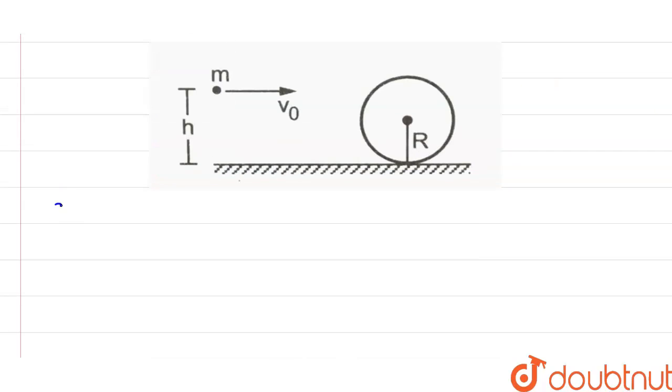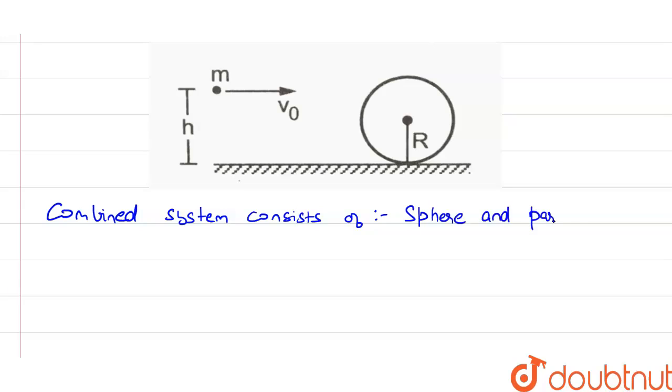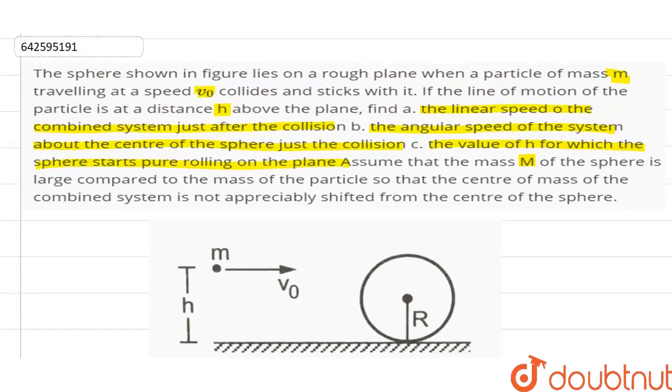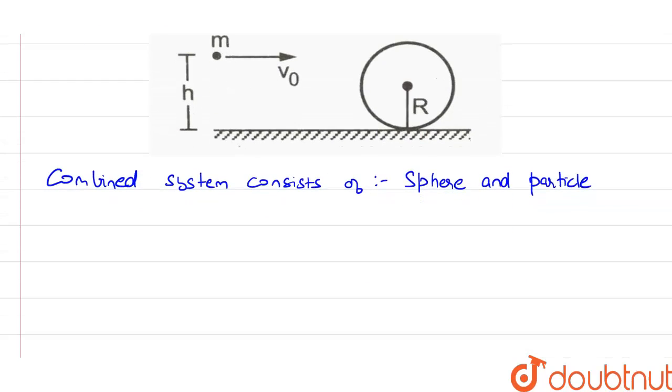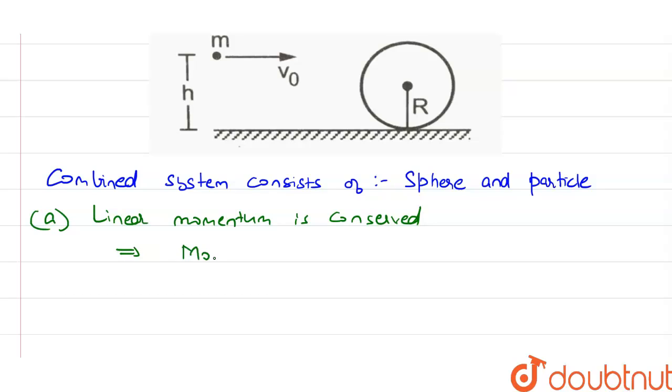So the combined system consists of the sphere and the particle. Since no external force is applied on the combined system, the linear momentum is conserved. So for A part, you can say that linear momentum is conserved. This implies initial momentum is equal to final momentum.